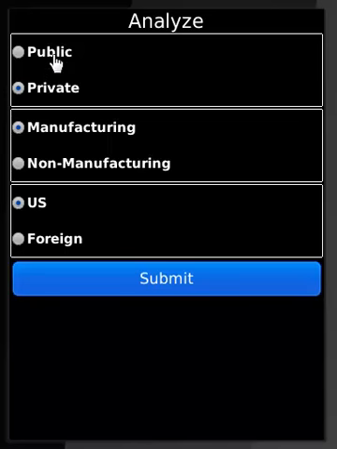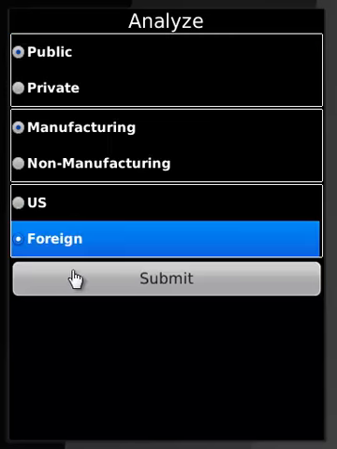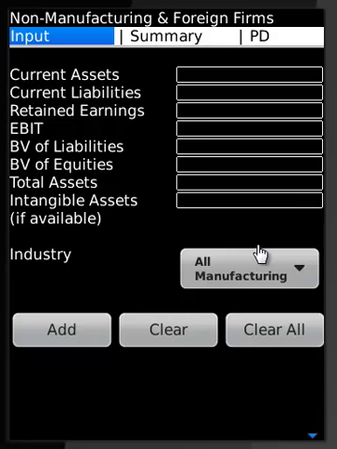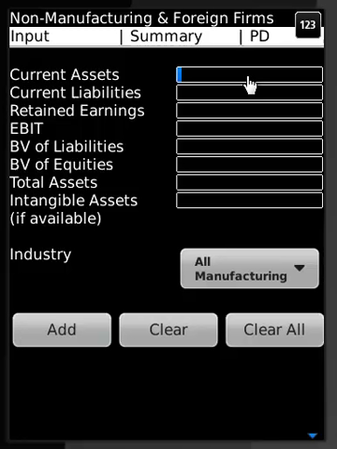Okay, now let us consider a public foreign manufacturing company. So we are going to enter the data here: 636830000, 33552000, and we have retained earnings 13758000, and then the EBIT is 27474000.